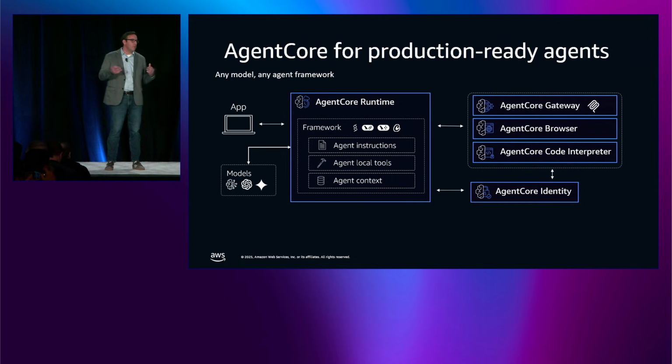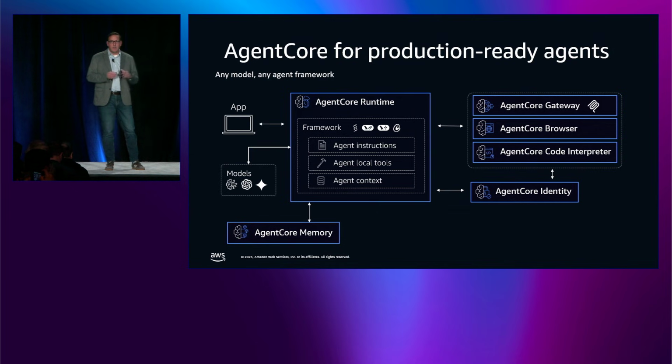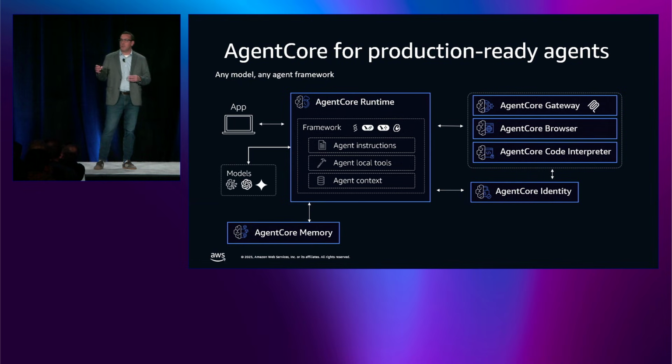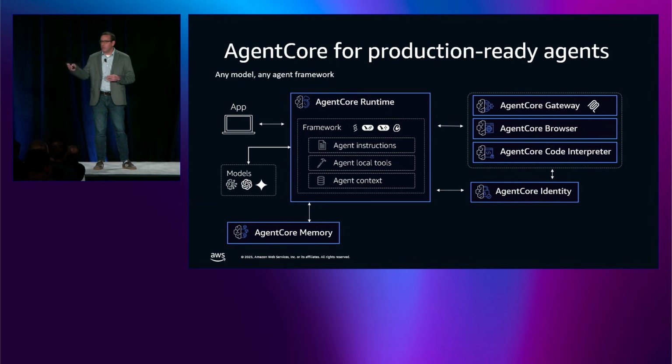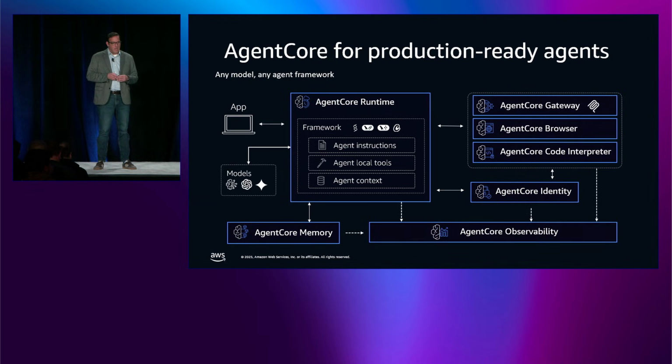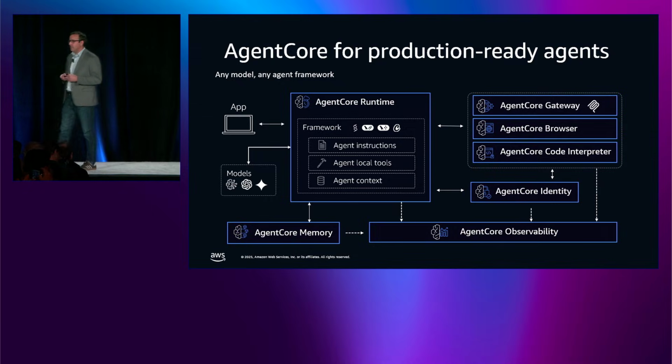This is all supported from a security perspective with AgentCore Identity, and AgentCore Memory helps you to manage that context that I spoke of earlier, both the short term as well as the long term. And AgentCore Observability gives you insights, logging, performance metrics across your entire AI agent framework.